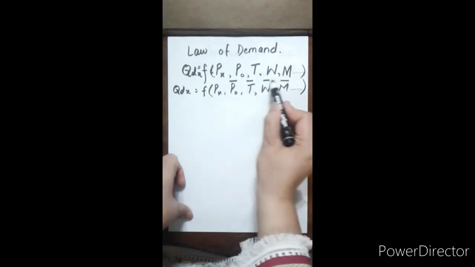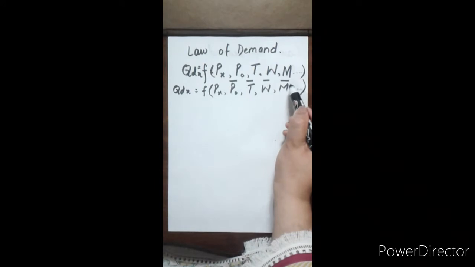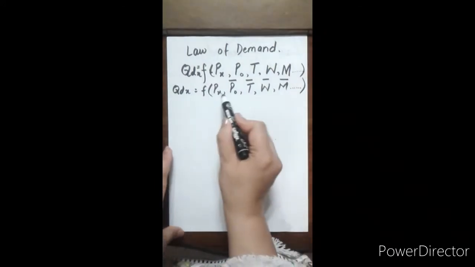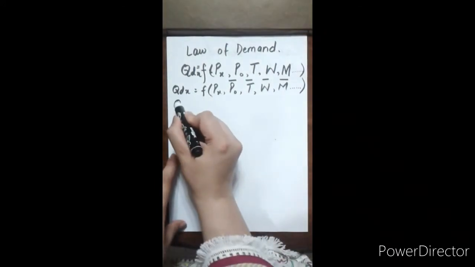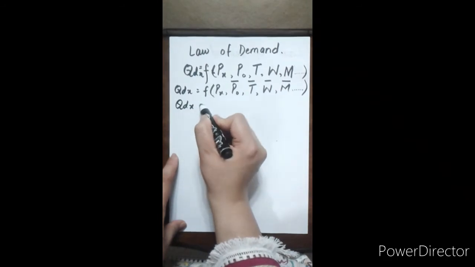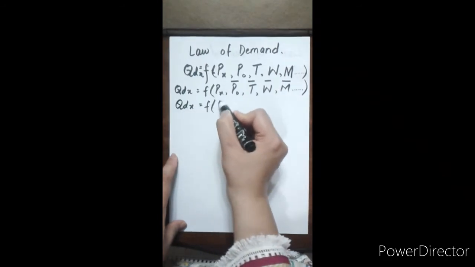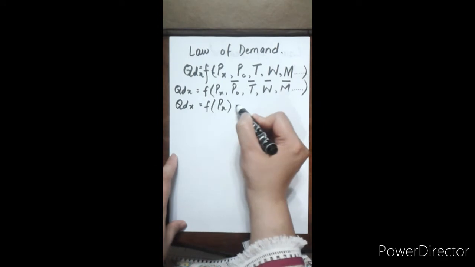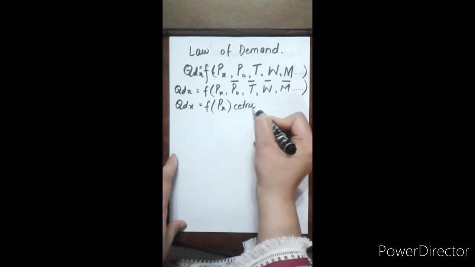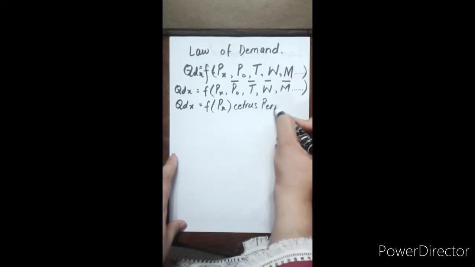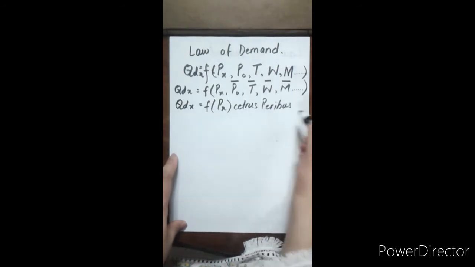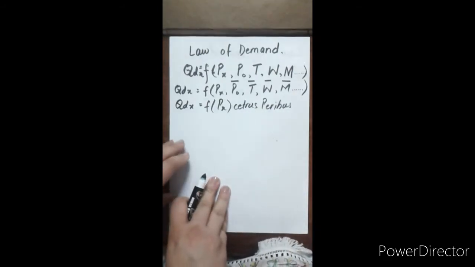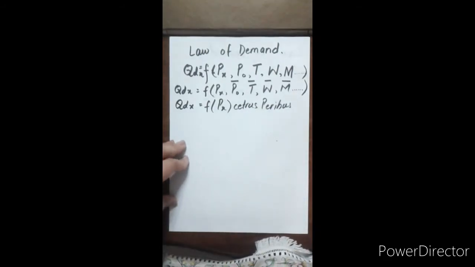So just by putting a bar, we show that these factors are constant. So if we take all these factors constants, what are we left with? Quantity demanded of X is a function of price of that commodity, ceteris paribus. Ceteris paribus in Latin language means keeping other things constant.